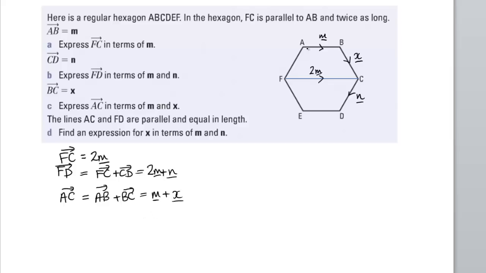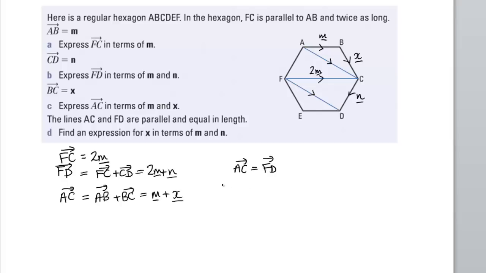The lines AC and FD are parallel and equal in length. Find an expression for x in terms of m and n. Well, we have an expression for AC. That was the answer that we've just done. We have an expression for FD. That was what we've just done here. If they're parallel and equal in length, that's the condition for equal vectors.